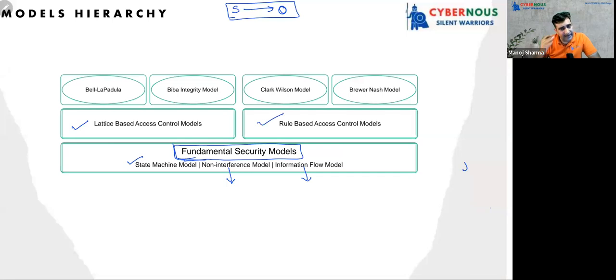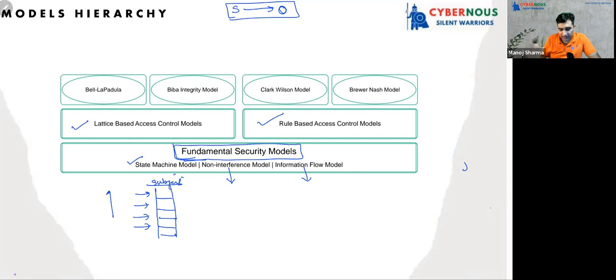Now, what is a lattice-based model? A lattice means layers, right? So a layer-based access control system means that there will be subjects who will have different clearance levels.